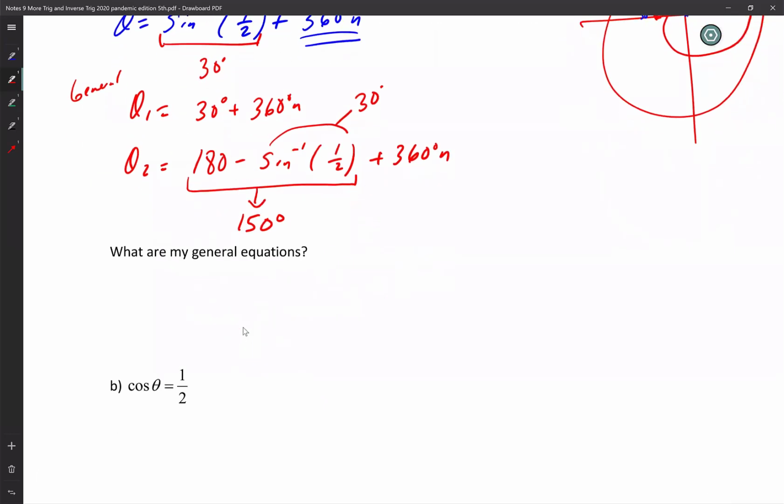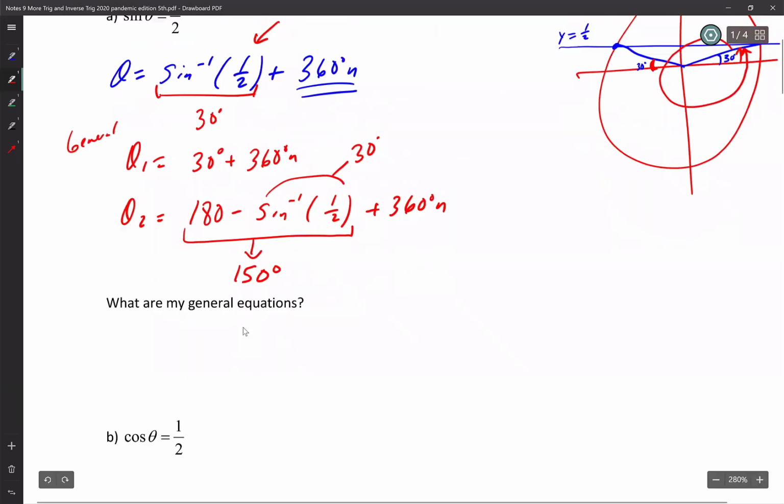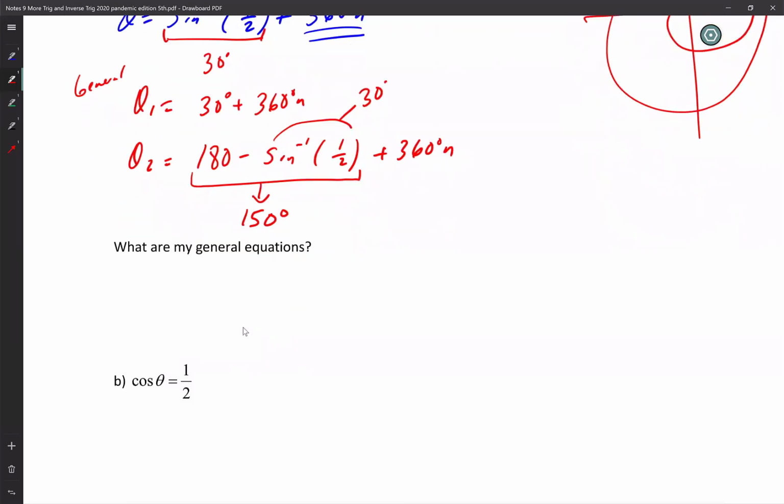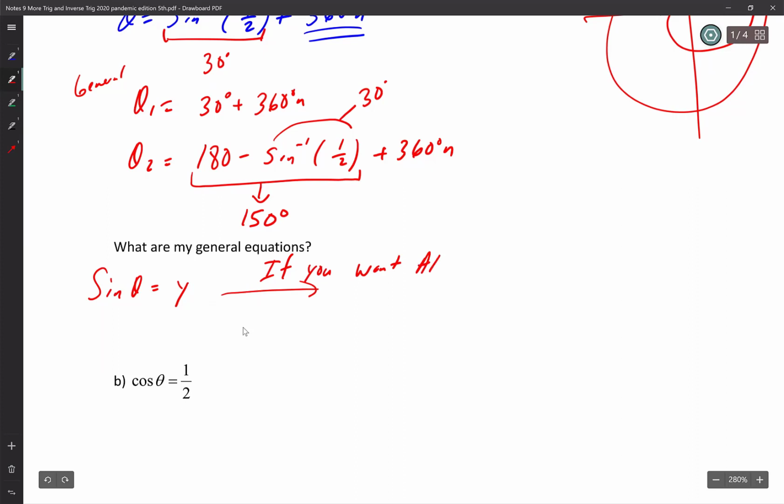So it says, what are my general equations? If you have something like sine theta equals some y value, and you want all solutions, then here you go. Theta 1 is just arc sine of y, and then you just do another revolution, where n is an integer.